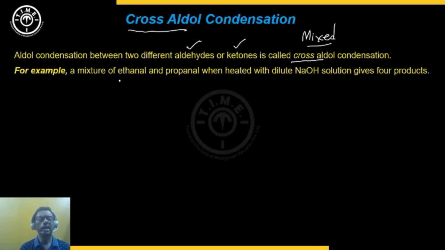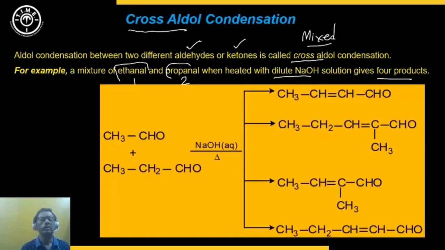Now let us take ethanal and propanal in dilute NaOH. So this is aldehyde number 1, this is aldehyde number 2. What we are saying is that we get 4 products out of this. How 4? That we'll see here. Both have got an alpha carbon or an alpha hydrogen, so both can form carbanions.